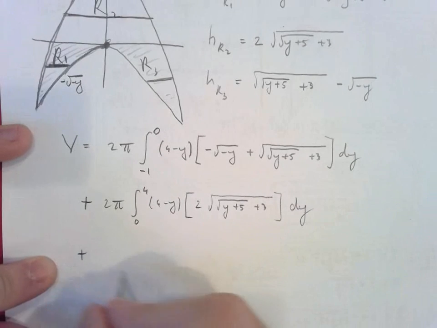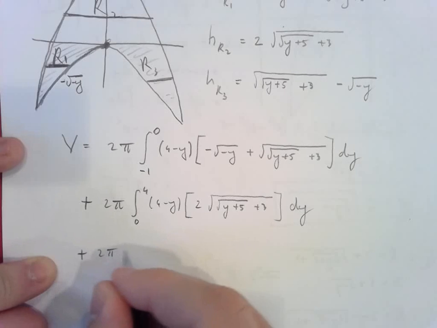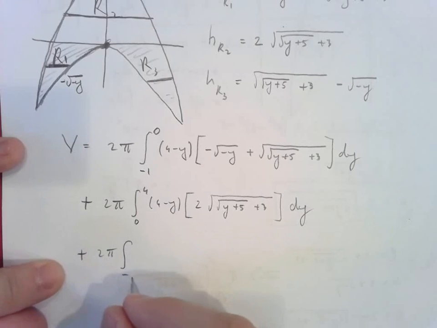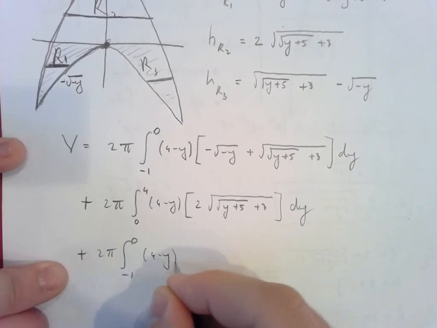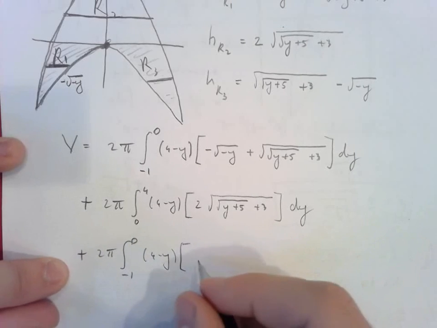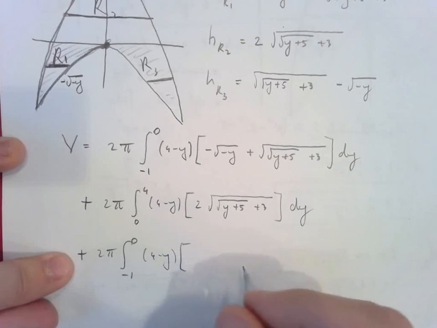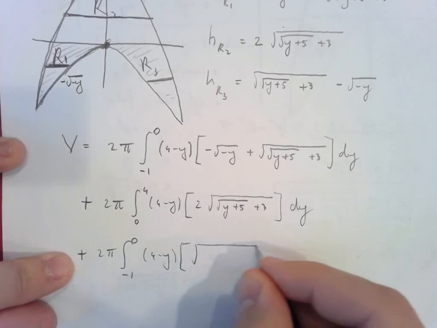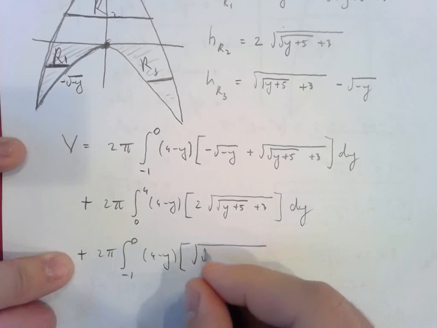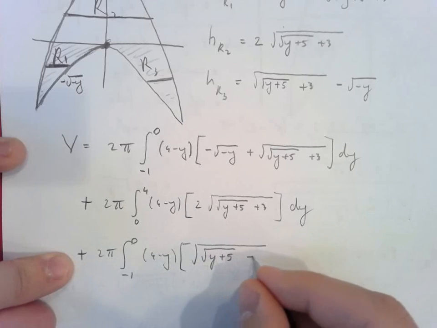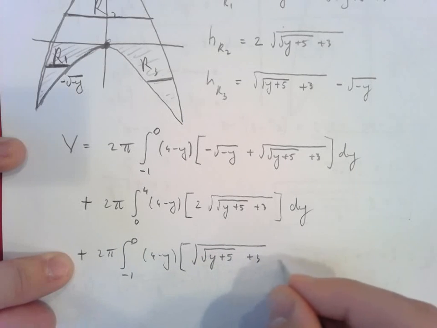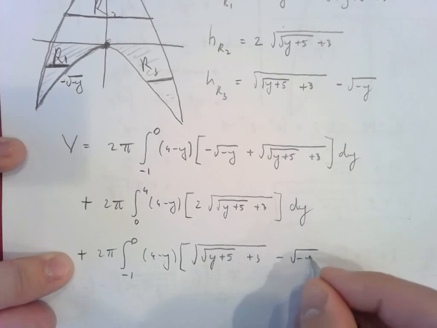And lastly, the last part is going to be 2 pi integral, again goes from minus 1 to 0. 4 minus y is the radius, rho, and what I have is the positive root here, so just the h, the one that we computed earlier, minus the square root of minus y.